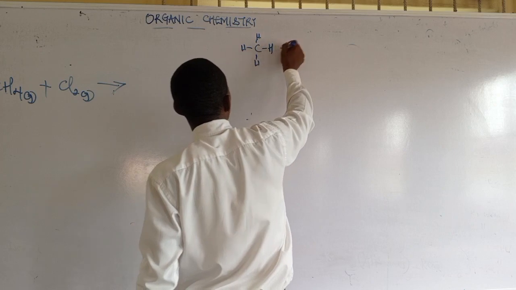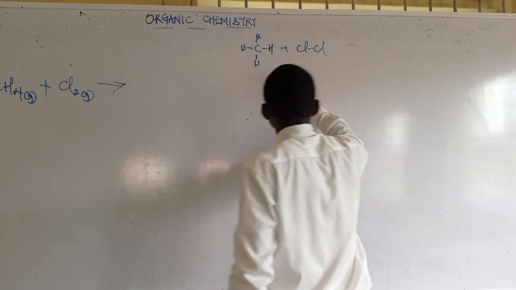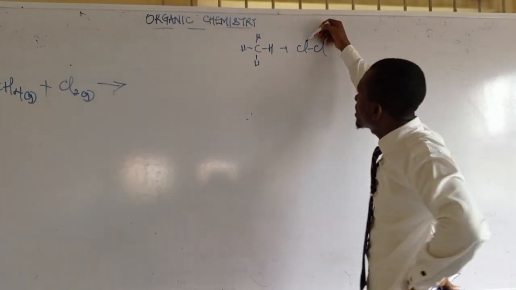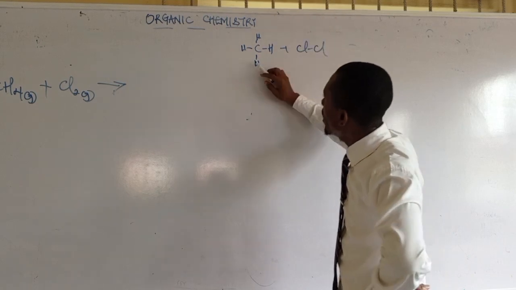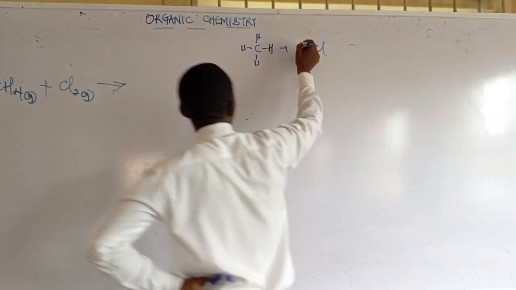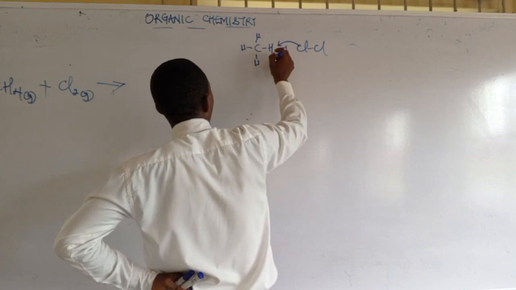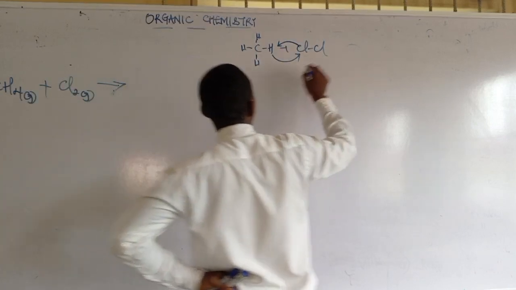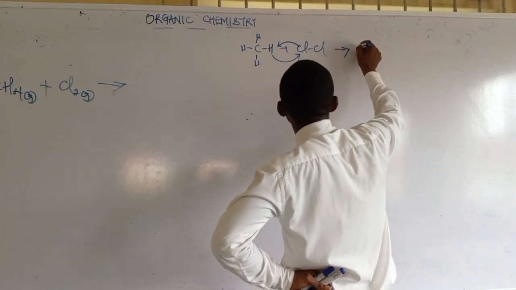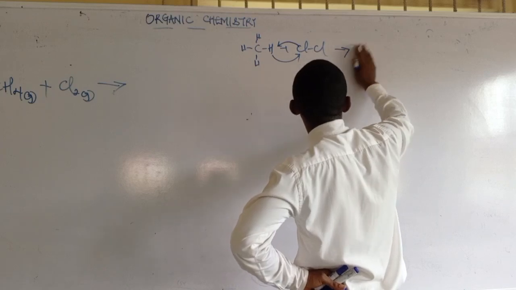CH4 plus chlorine gas. In this reaction, as the attacking agent is coming in, one is going to be removed. So let's say chlorine comes in here, hydrogen will now replace chlorine, so that you will now have CH3Cl.